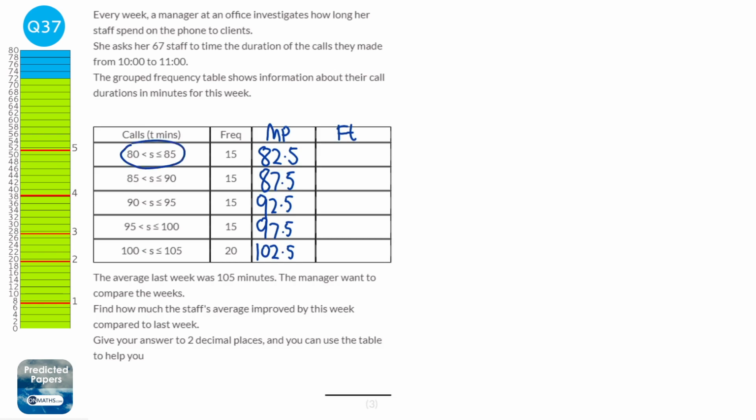Now in this first group we're not timesing it by 80 to 85 or anything like that, we're timesing it by the midpoint, so our midpoint effectively becomes the T. So we're going to do 15 times that, which will be 1237.5, and we're just going to keep going and multiplying each of these together.